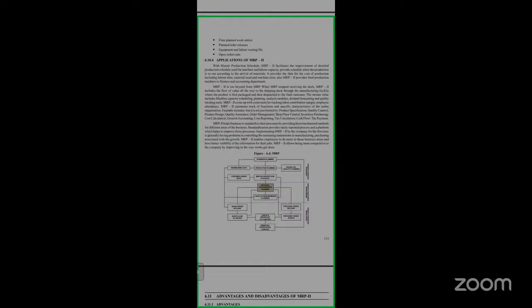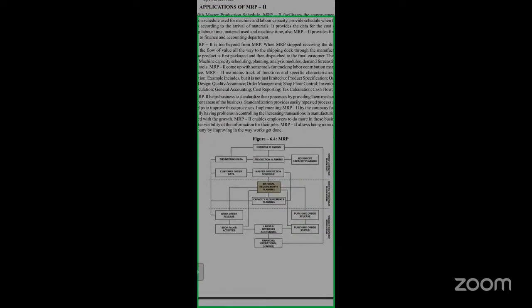And applications of MRP II, you can look at here how this takes place. It's a business planning process, where it involves engineering data, production planning, rough cut capacity planning, customer order data, master scheduling, and material requirement planning. This total process is divided into three things: long range strategic planning, medium range strategic operation planning, and the last one, short range execution and control.